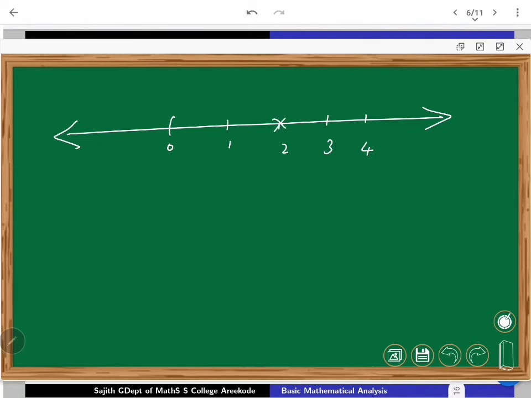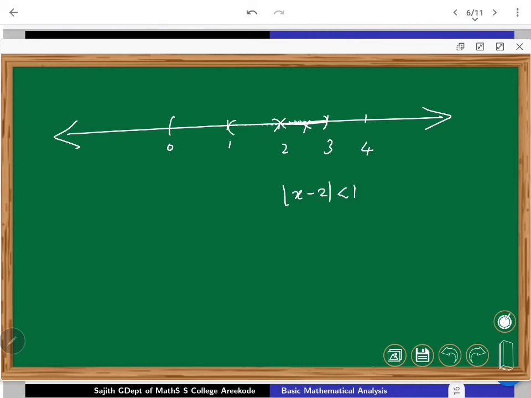Suppose I am interested in all real numbers which are 1 unit away from 2, which means I can just move from 2 right up to 3. So all these points will satisfy that. I may take an x here, and that x and my 2 are going to have less than 1 unit between them. Not only on that side, I can go in the reverse direction also up to this.